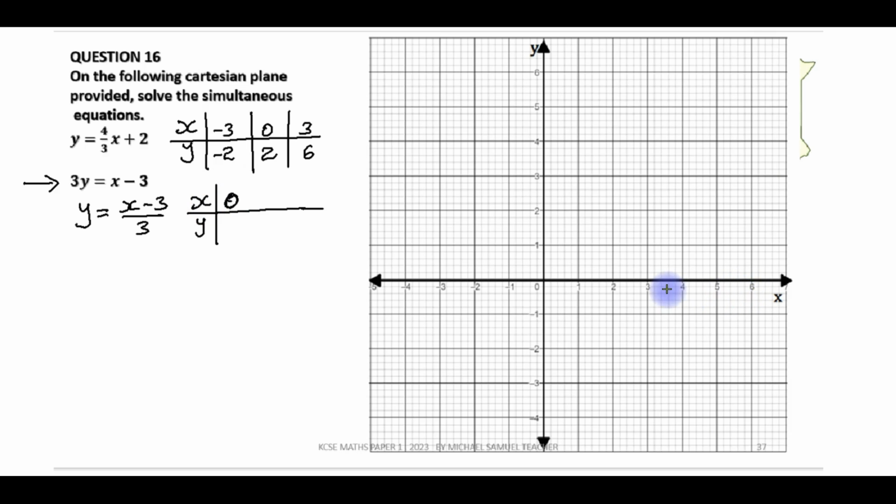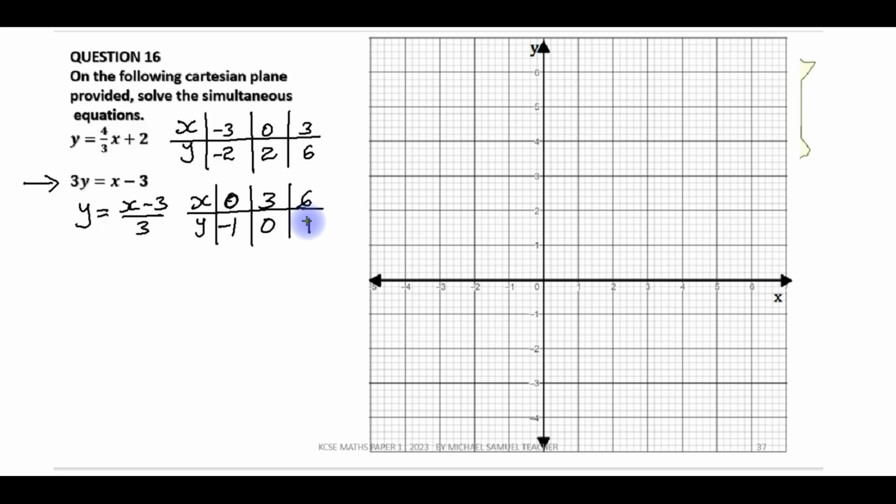As we can see from the Cartesian plane, we have already been given the values on the x-axis and y-axis. So we can also have 3 and 6. So 0 minus 3, that is minus 3 divided by 3, that is minus 1. Then 3 minus 3, 0 divided by 3 is 0. When x is 6, 6 minus 3, that is 3, divided by 3, is 1.